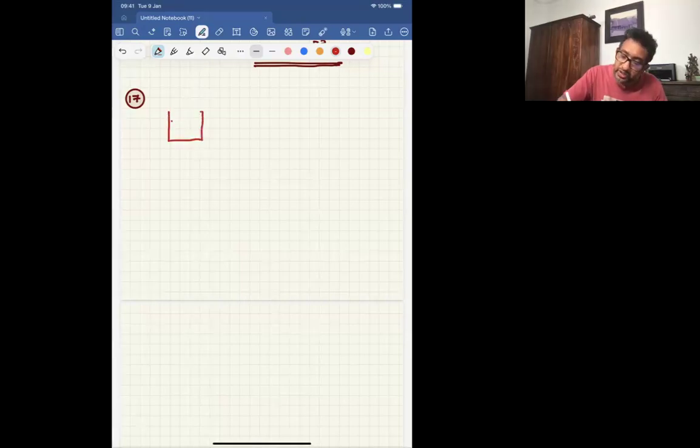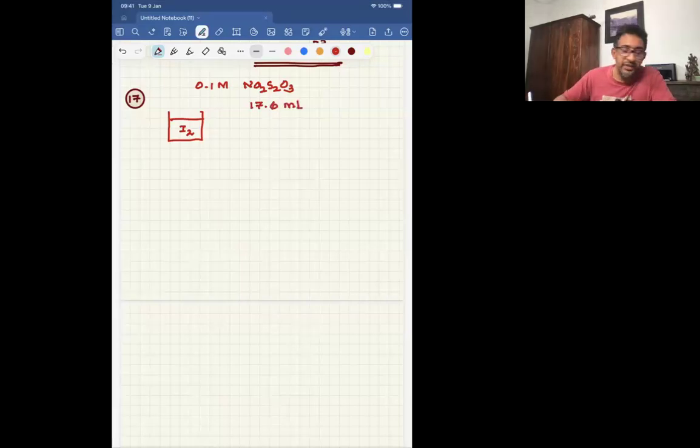This is your solution. This contains iodine, right? And 0.1 molar sodium thiosulfate, Na2S2O3 solution. And 17.6 milliliters of thiosulfate were required. Give the equation for the reaction.